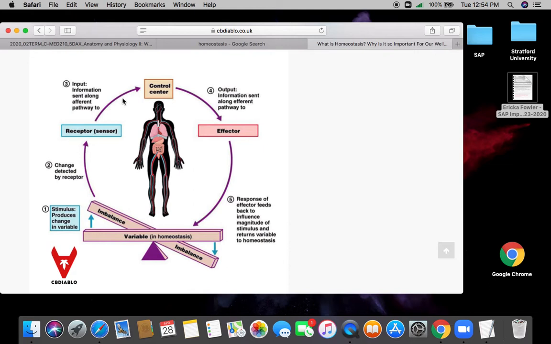Then it goes through an ascending tract, also known as the afferent, A-F-F-E-R-E-N-T pathway, which is the sensory pathway, to the control center, which is of course your brain.